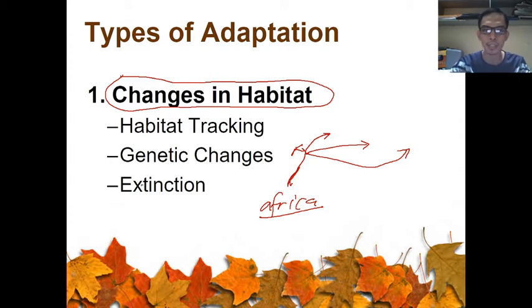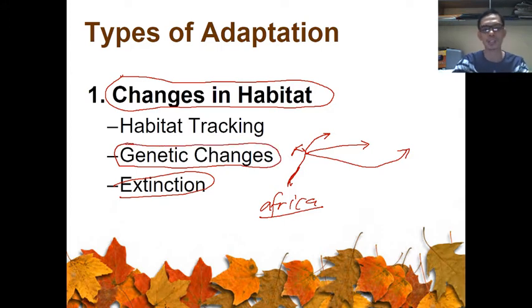In some cases, an organism cannot adapt to a new environment, and therefore becomes extinct. Sometimes if they adapt to that environment, their genetic sequence, their DNA sequence, changes, and those changes will be carried by the offspring to future generations. So that's one, habitat changes.